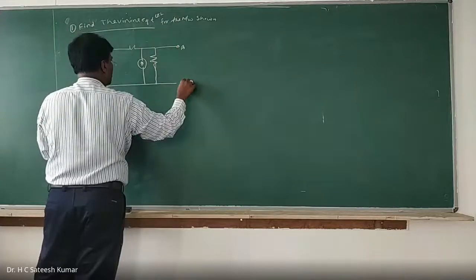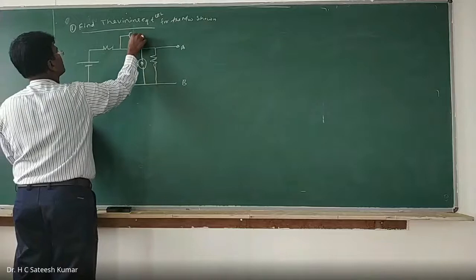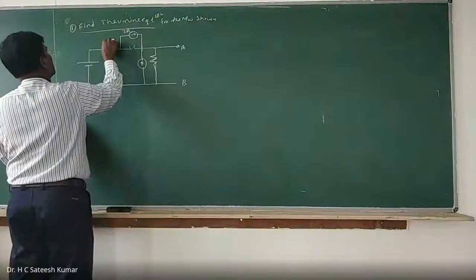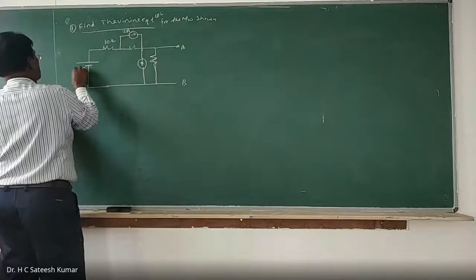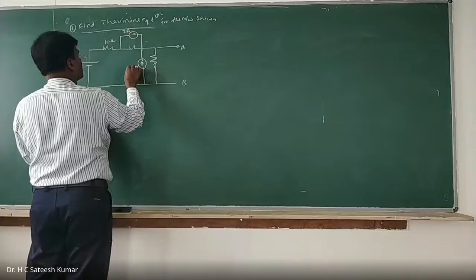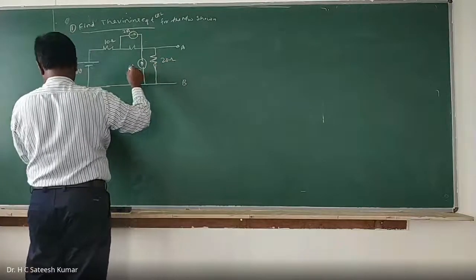Across the terminal AB, here we have 2 amps, 10 ohms, 10 volts, and this is 1 amp, 20 ohms, this is 10 ohms.